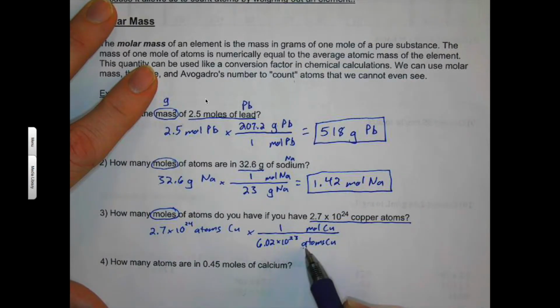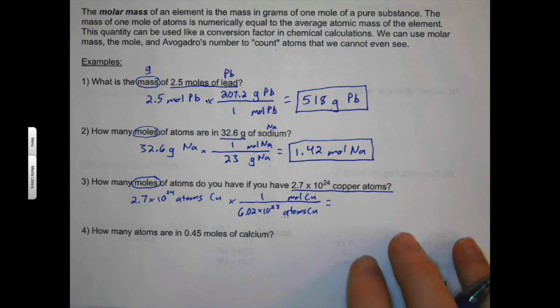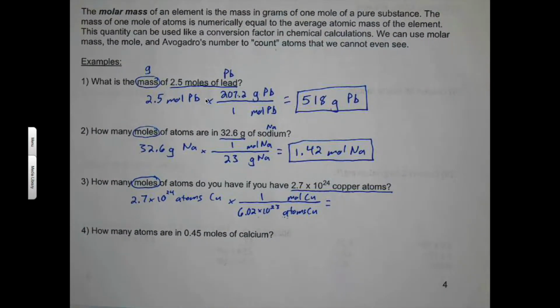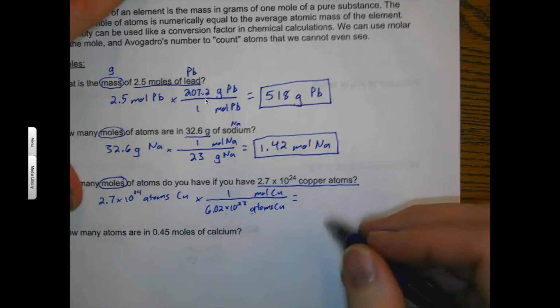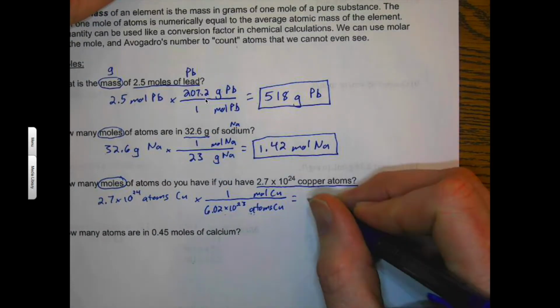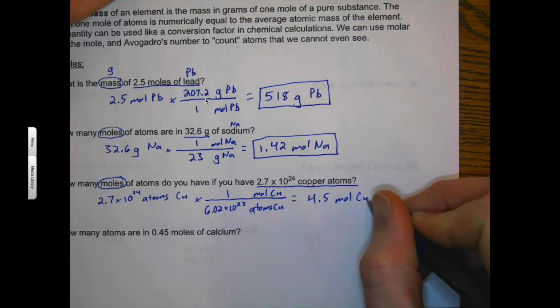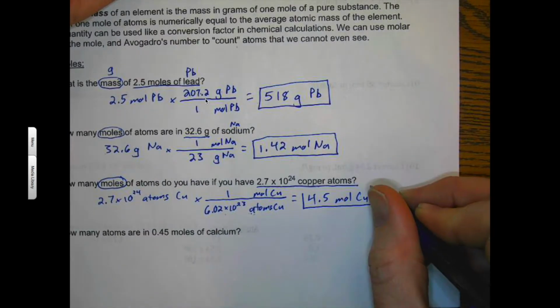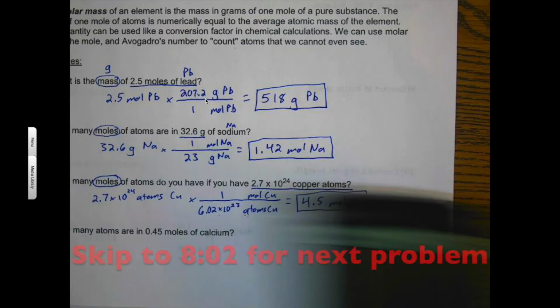A for atoms, A for Avogadro's number. So your calculator work is going to show you that. Now, that can be tricky with scientific notation, so let me go ahead and show you how it's done here. The answer is going to be 4.5 moles. So you can skip this calculator work if you're pretty comfortable with it, but let me show you how the calculator goes.